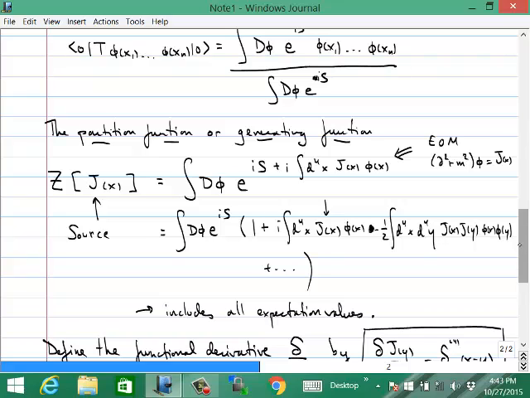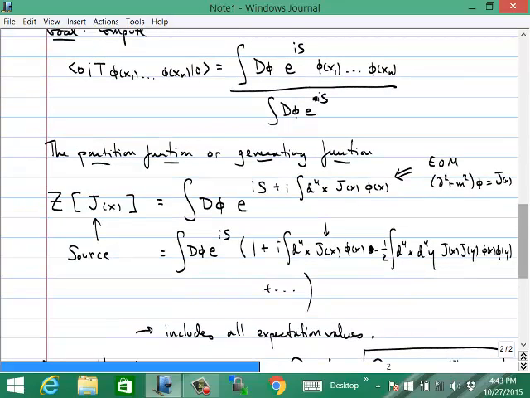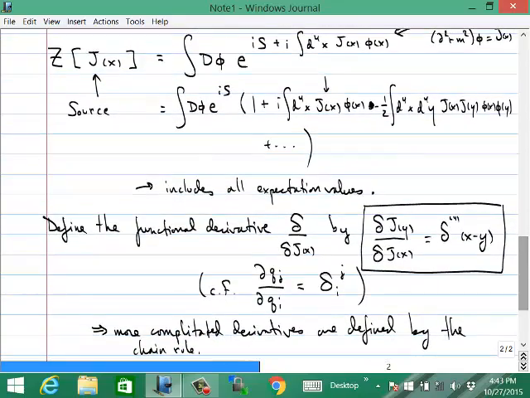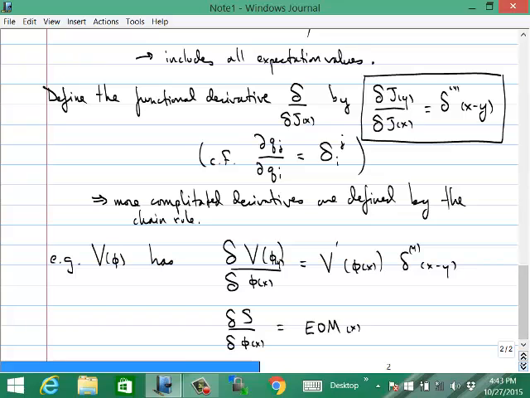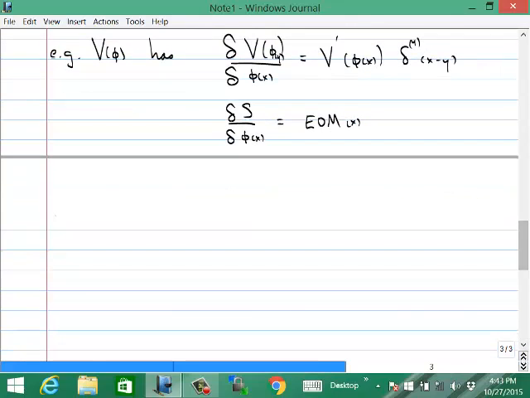So remember, now we just need to put these two things together. So the partition function is the integral of the action with the addition of a source term.